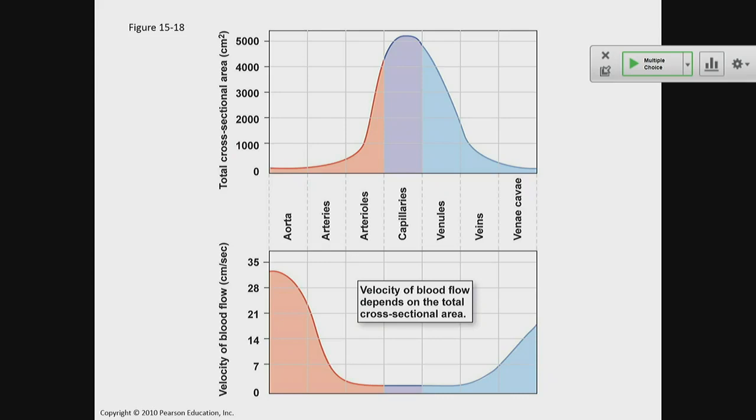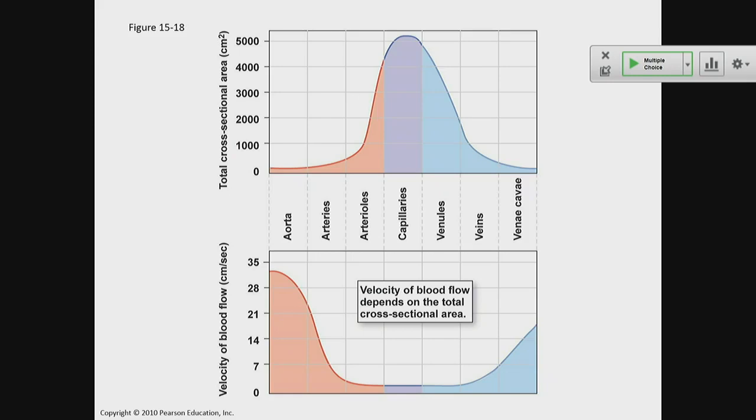Okay, so as you can see here in this figure, total cross-sectional area is largest in the capillary, and it's relatively small in the aorta and in the vena cava because these blood vessels are individually very large, but there's only one or two of them, okay? One aorta, two vena cava, okay?